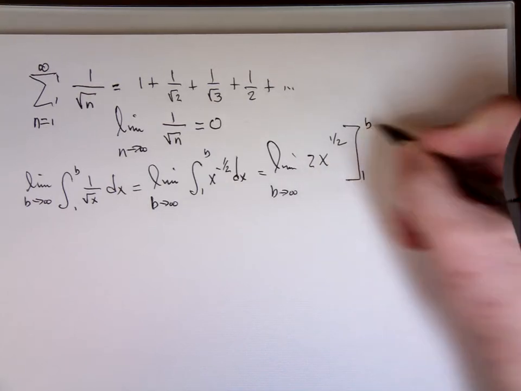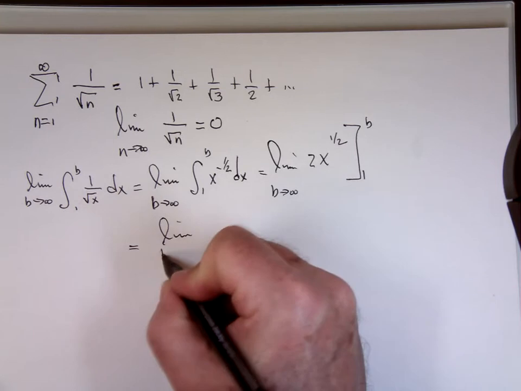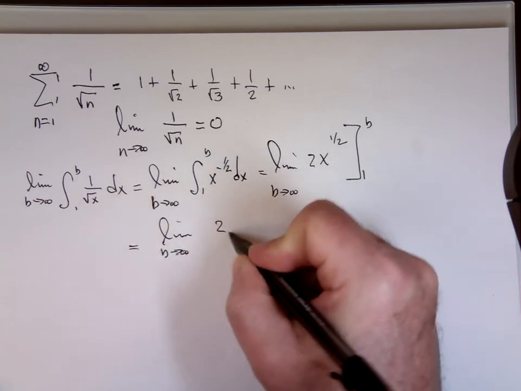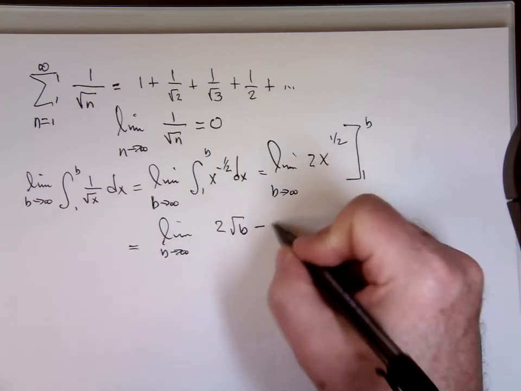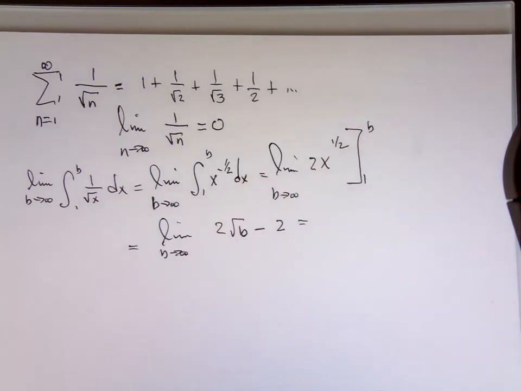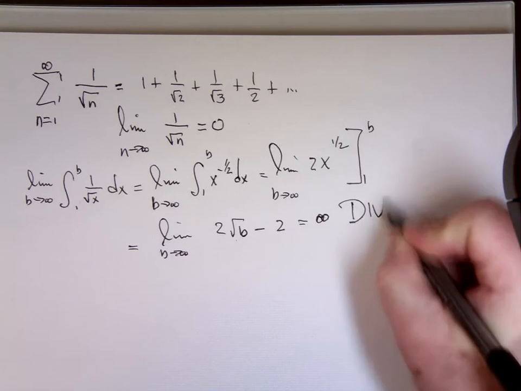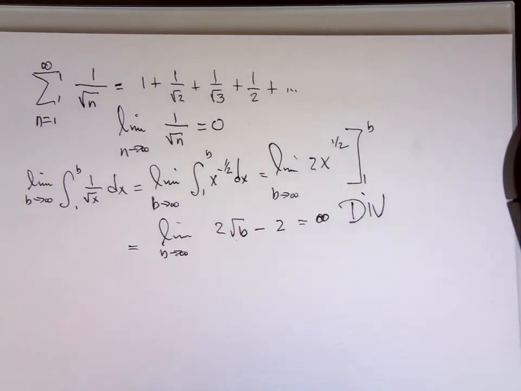Take the limit as b goes to infinity. We get 2 square root of b minus 2. Now what happens here as b goes to infinity? Where's its square root going as b increases without bound? Infinity is correct. Therefore, it will diverge. Because the integral diverges, goes to infinity, the series will diverge.